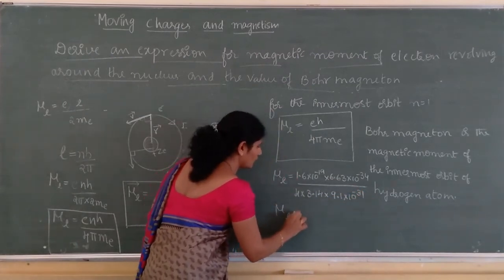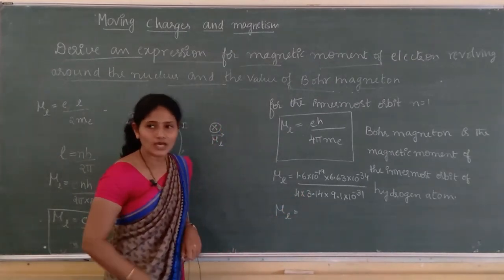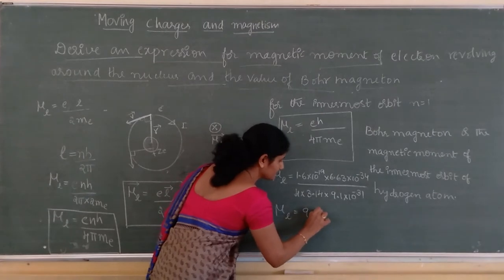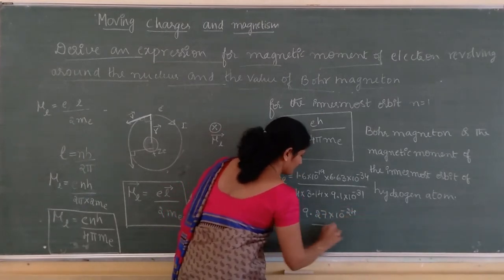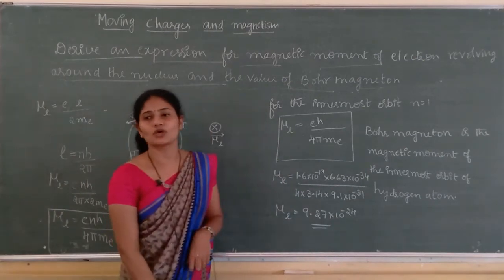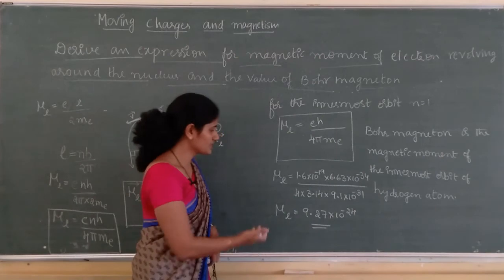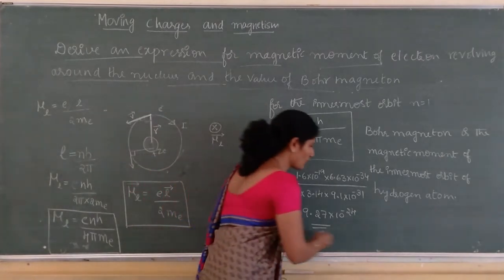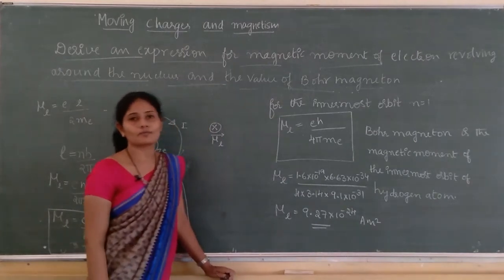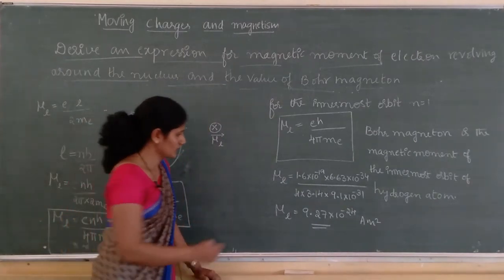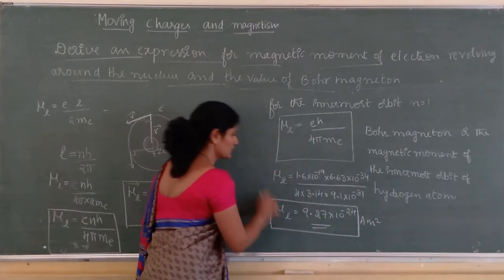On substituting all the values, we get Bohr magneton mu L equal to 9.27 into 10 to the power minus 24. What is the SI unit of magnetic moment? Ampere meter square. So, this is the value of Bohr magneton, 9.27 into 10 to the power minus 24.